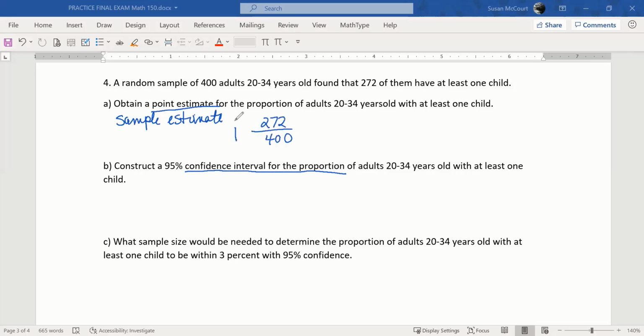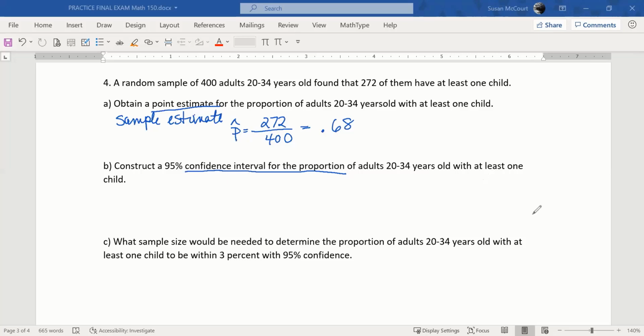That is our p hat. So 272 divided by 400 is 0.68. Any questions? So if you're ever asked for a point estimate, it's just a sample estimate.